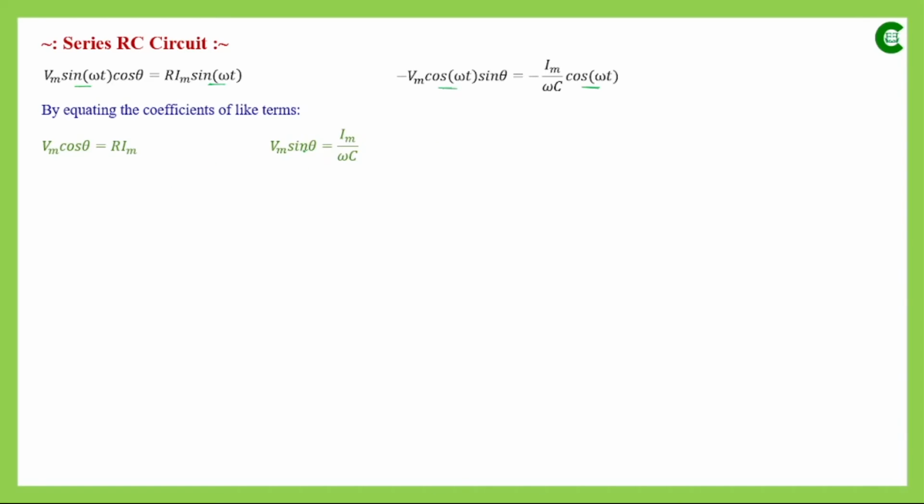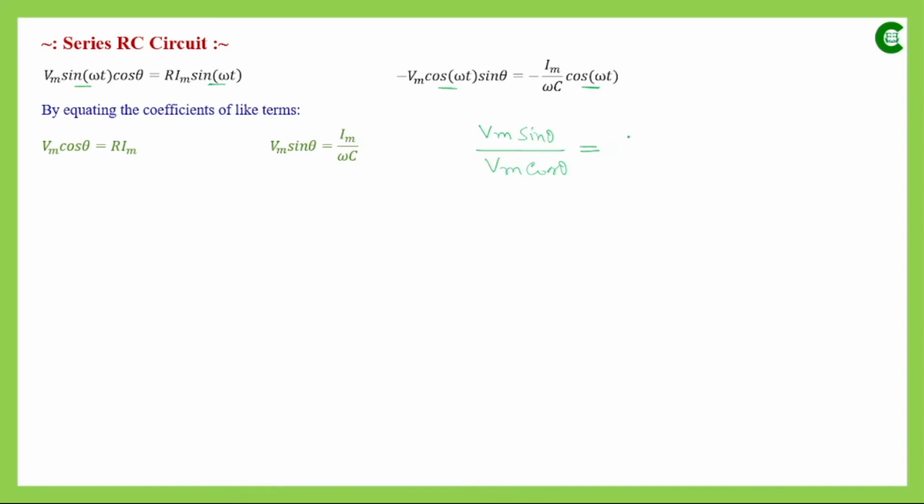Since these two values, sin theta and cos theta, are known, if we just divide these two terms on both sides of both the equations, on the left side we will have Vm sin theta divided by Vm cos theta.